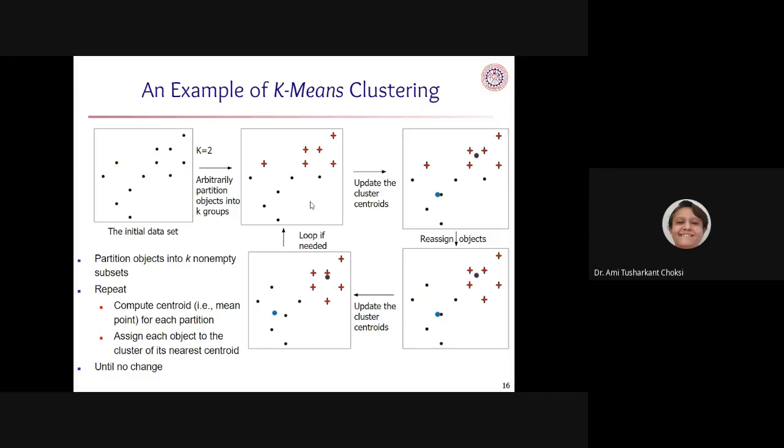That means we go back to this portion and again check the distances, whether they are less for other clusters. If so, we move the point, update the centroids, and this process goes on till we do not have any change. So this is the process, or example, for K-means clustering. Through the figure also we can explain it.